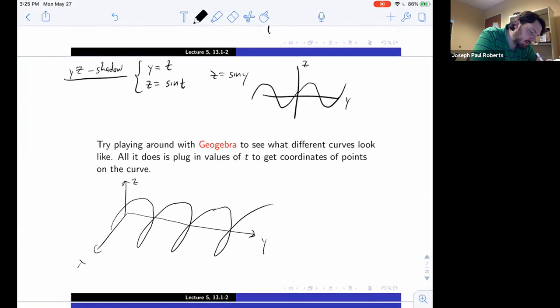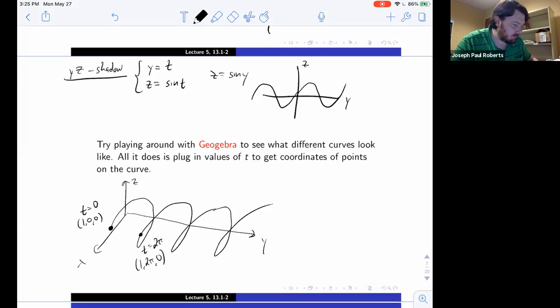This point here, at t equals 0, you could plug everything in and get the point 1, 0, 0. When you go all the way around here, when t is 2 pi, if you go back up and look at the equations, you'd have the point 1, 2 pi, 0, and so on and so forth.